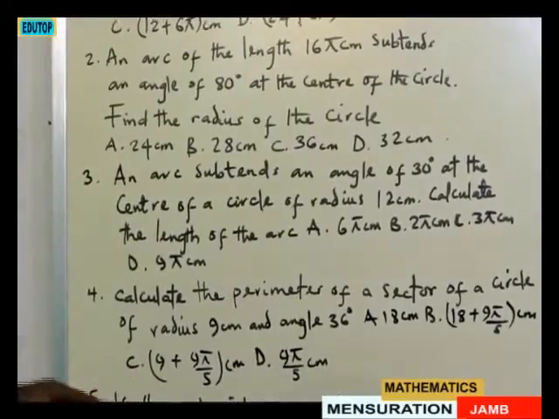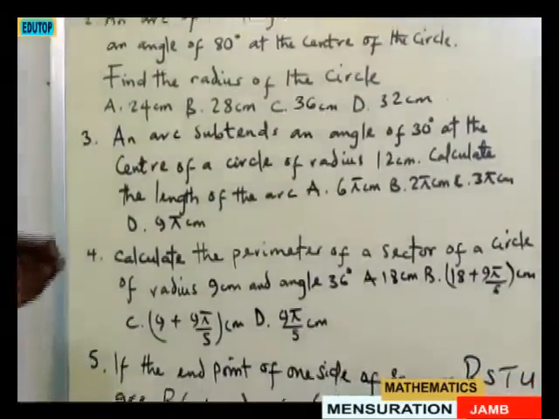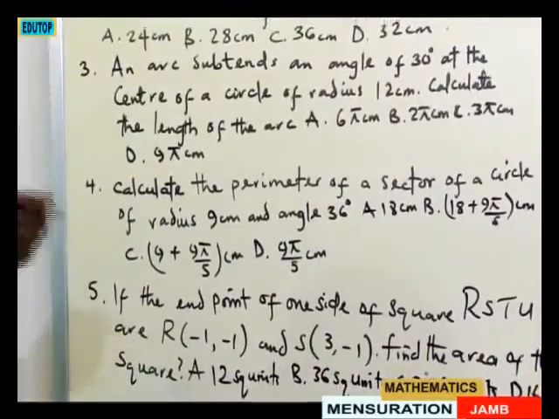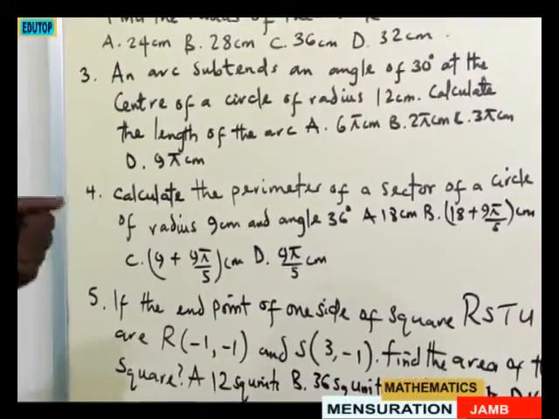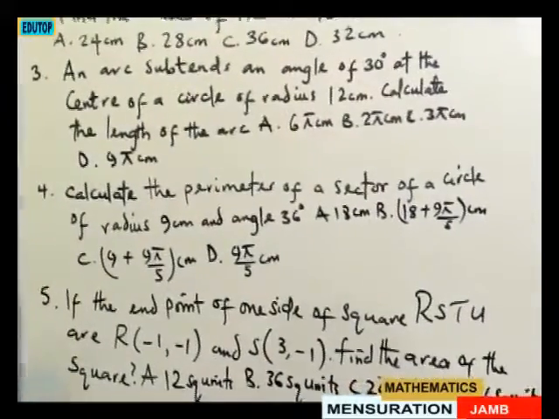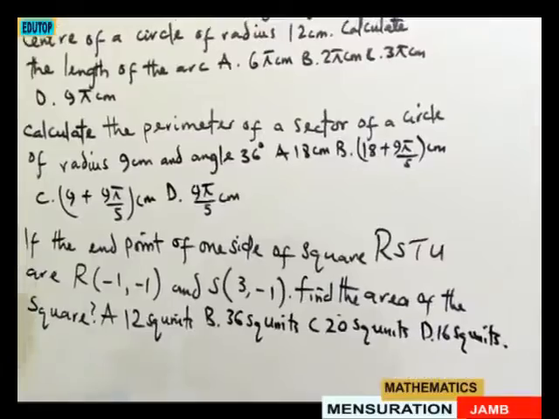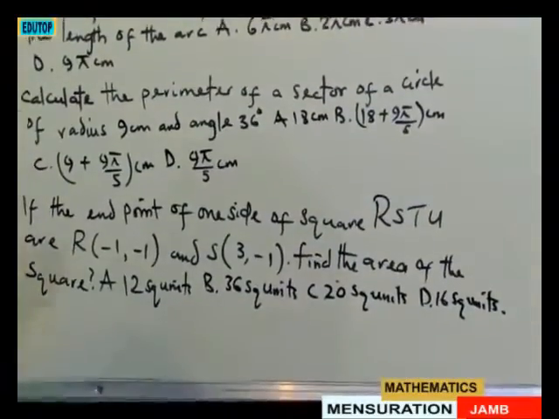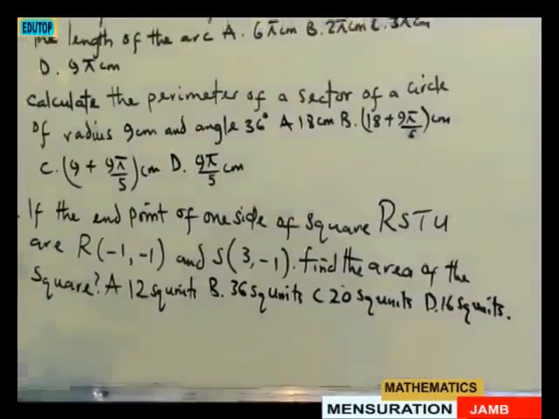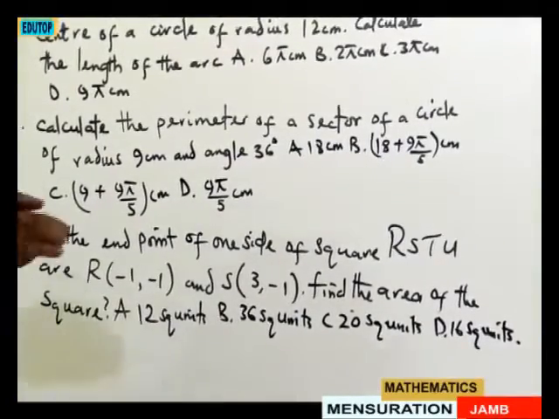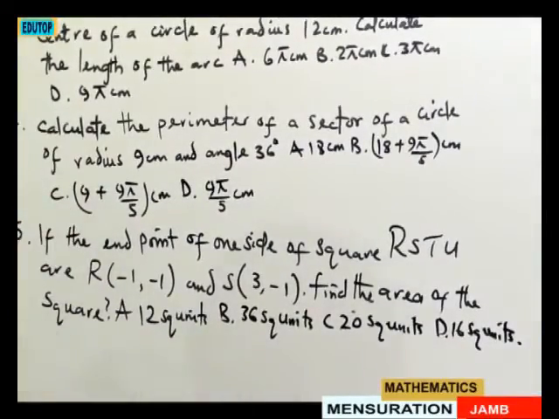Calculate the length of the arc. Then the fourth one states, calculate the perimeter of a sector of a circle of radius 9 centimeters and angle 36 degrees. Then the last one, number 5 for this particular part, is: if the end points of one side of square RSTU are R (-1, -2) and S (3, -1)... find the area of the square.